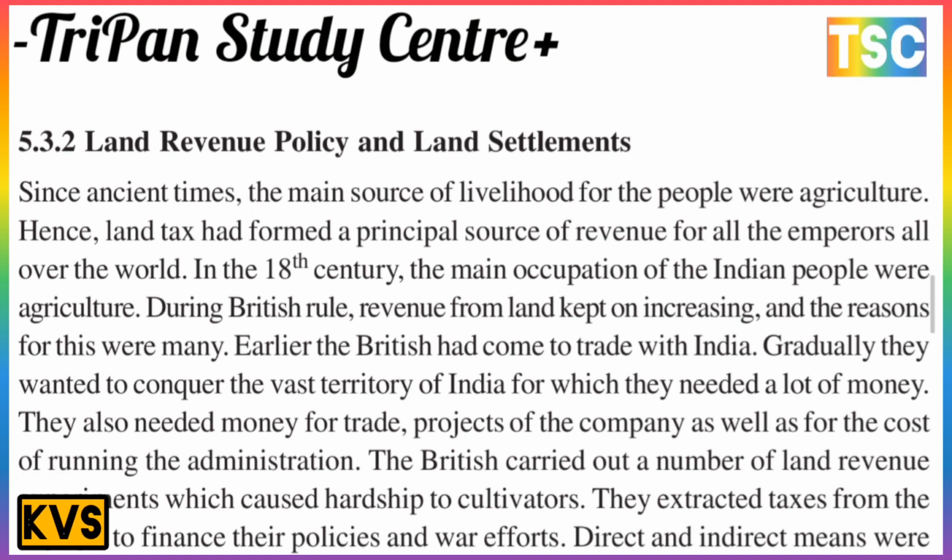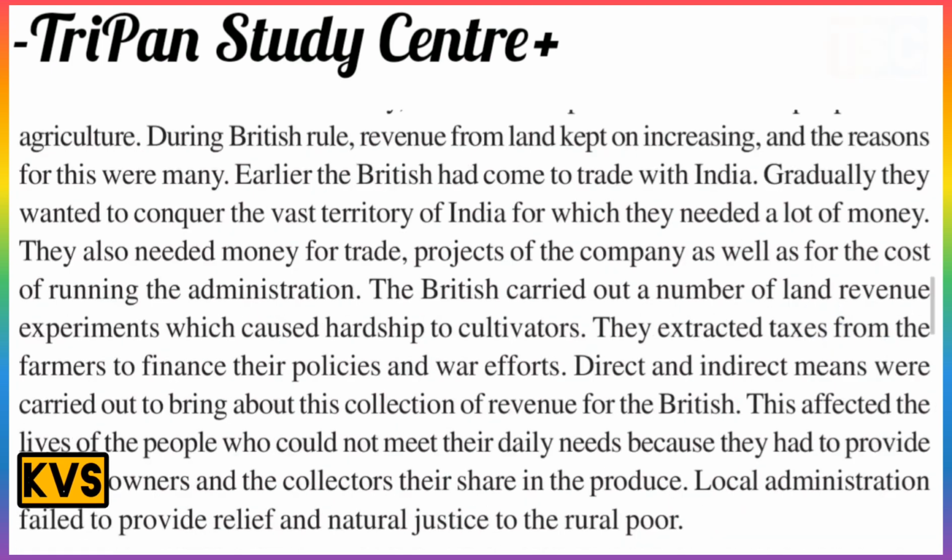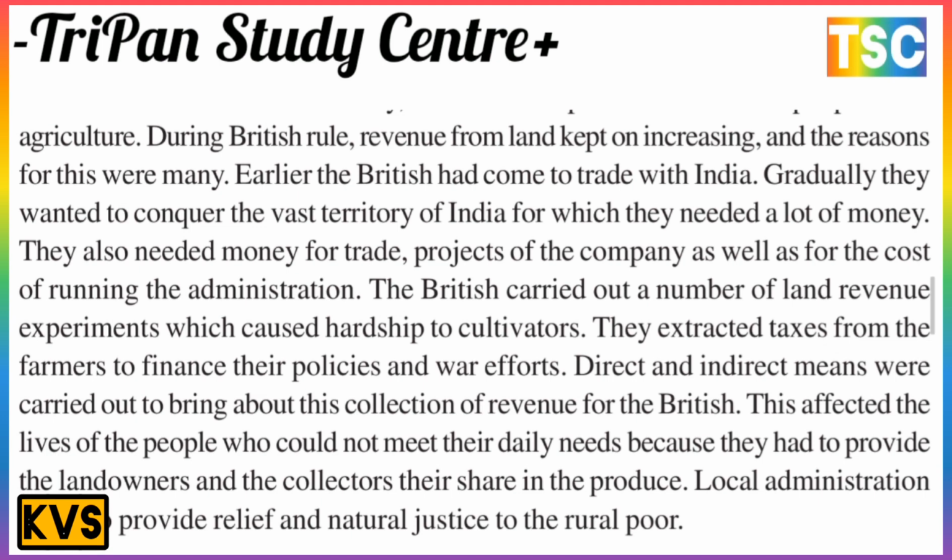The British carried out a number of land revenue experiments which caused hardship to the cultivators. They extracted taxes from the farmers to finance their policies and war efforts. There were direct and indirect means of collecting revenue for the British.